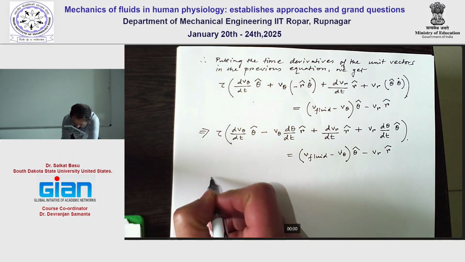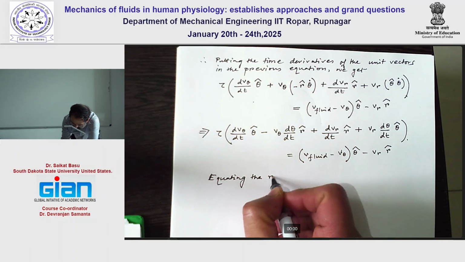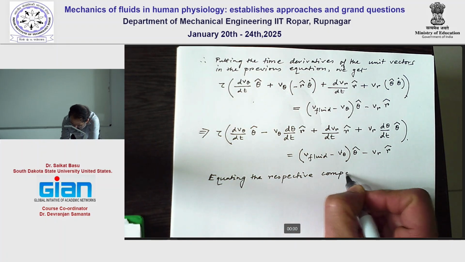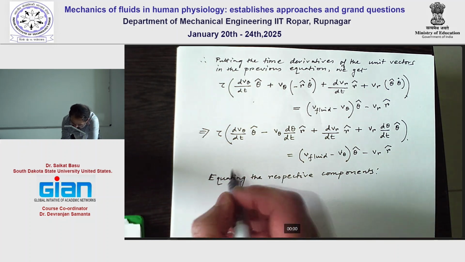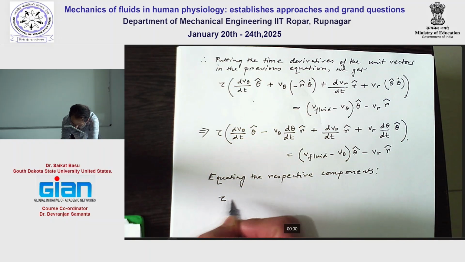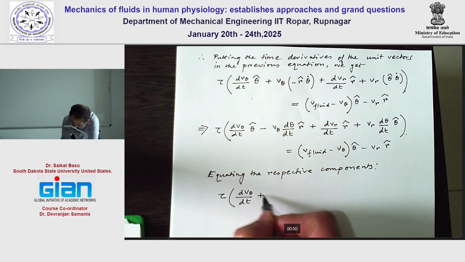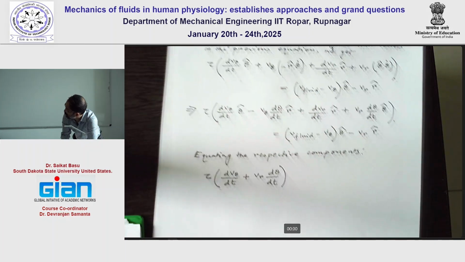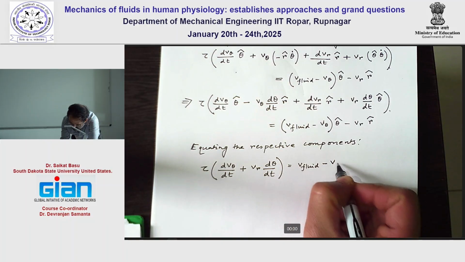So equating the respective components. Let's first equate the theta component. On the left hand side we have tau dv theta dt, and then the very last term, vr d theta dt, is equal to v fluid minus v theta.